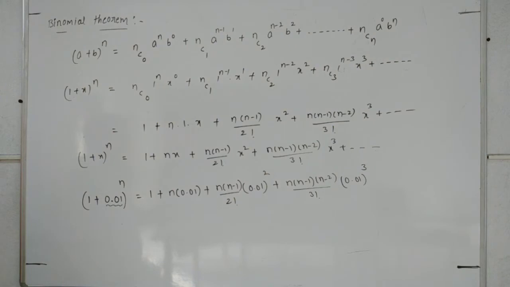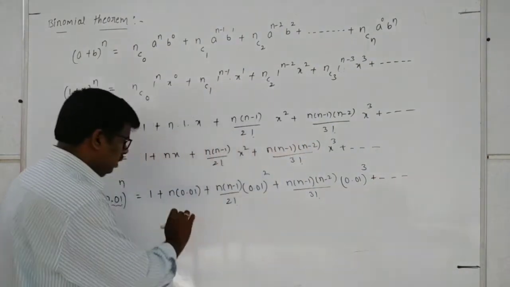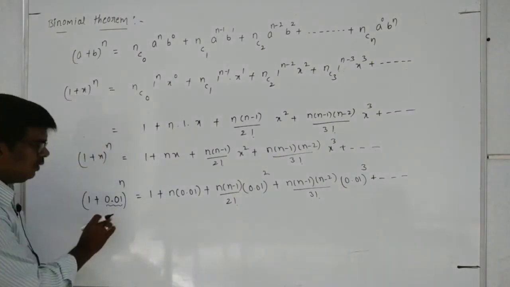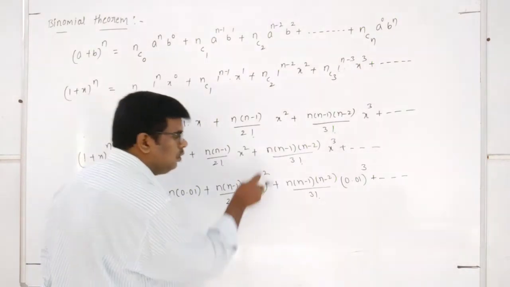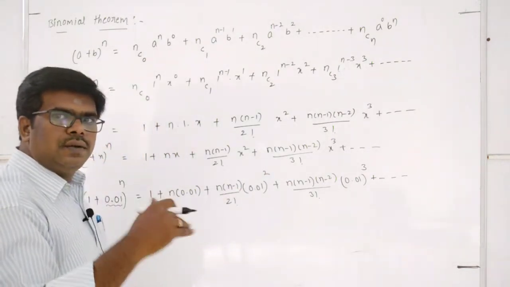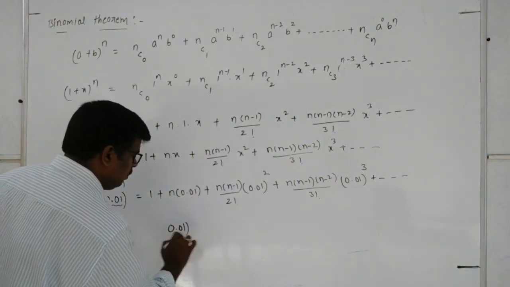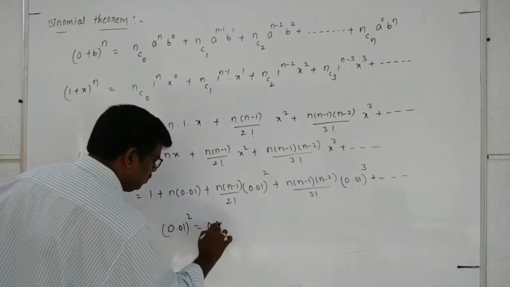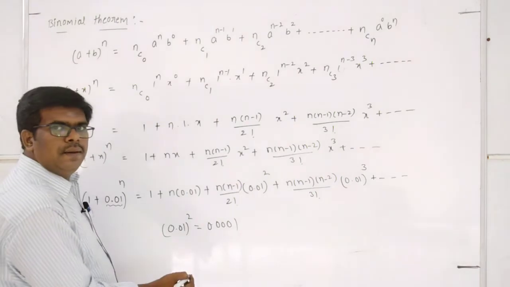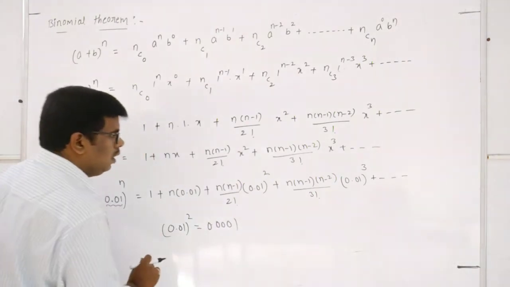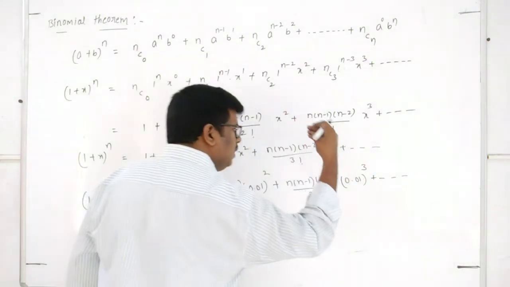See, what happens here is that 0.01 is already very small. So 0.01 whole square, if you take it, is too small: 0.01 whole square means you get 0.0001. And 0.01 whole cube is completely very small.